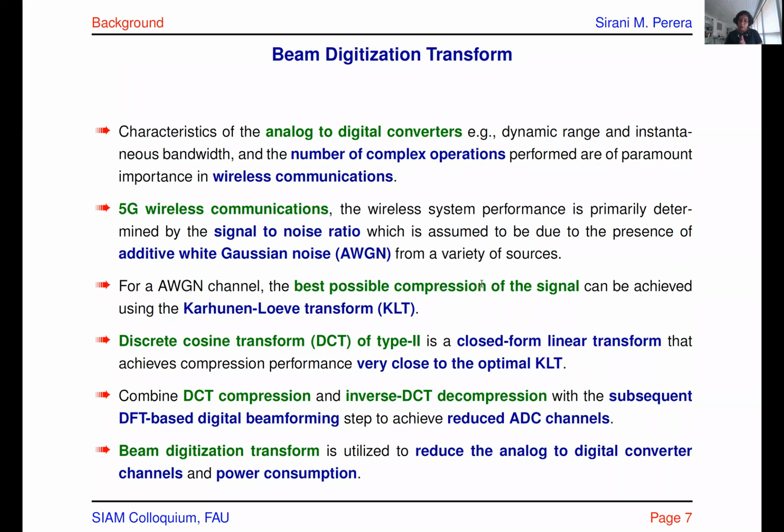So what we propose here is DCT compression and then inverse DCT decompression and subsequent DFT-based digital beamforming to achieve reduced analog to digital converter channels, or ADC channels. And in this process, we use the beam digitization transform as an intermediate step.